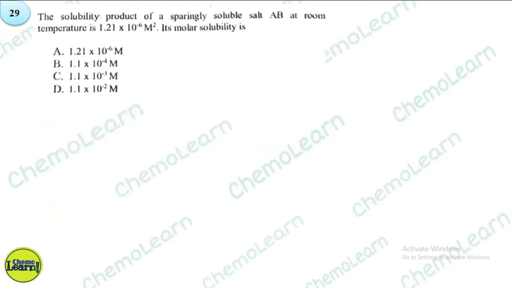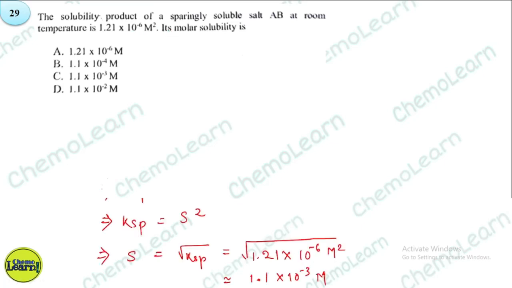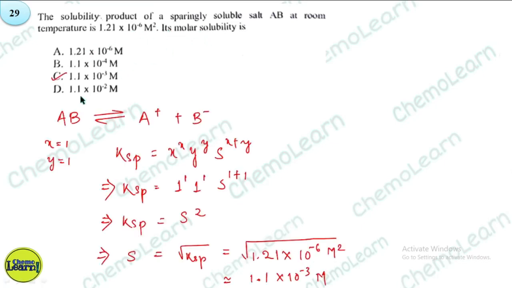Next question: the solubility product of a sparingly soluble salt AB, that means a weakly soluble salt, at room temperature is 1.21 into 10 to the power minus 6 M square. Its molar solubility is what? The sparingly soluble salt AB will dissociate into A plus and B minus.